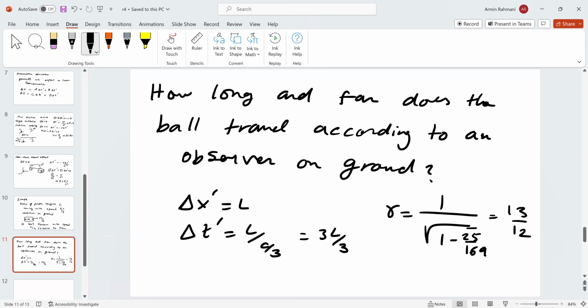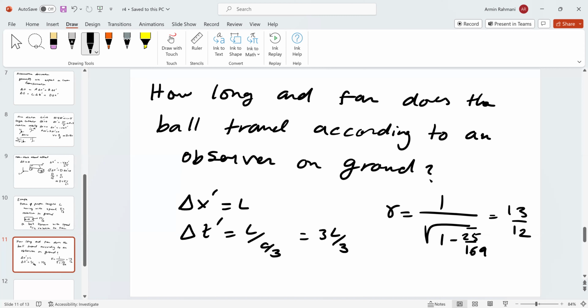So how far does the ball travel according to someone on the ground? The ball leaving the back of the train is the first event. The ball hitting the front of the train is the second event. The spatial separation between those two events is delta x prime in the frame of the train. The temporal separation between those two events is delta t prime in the frame of the train.